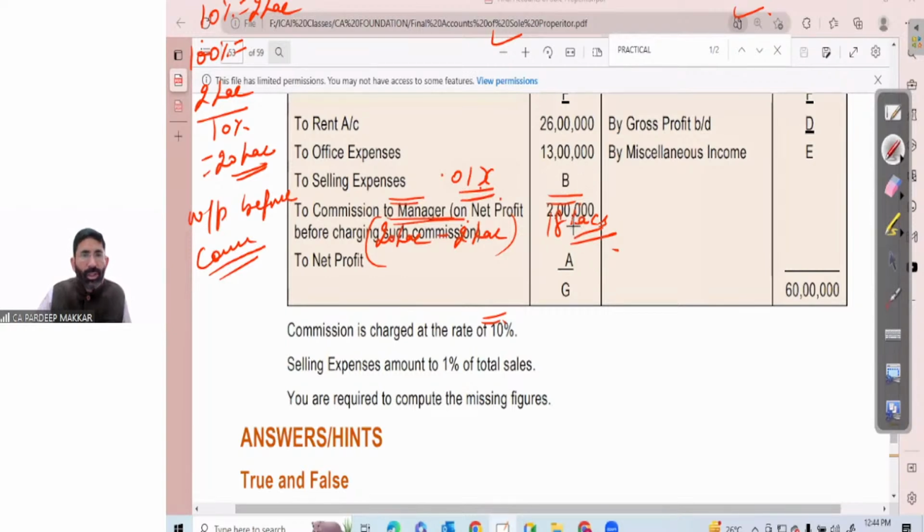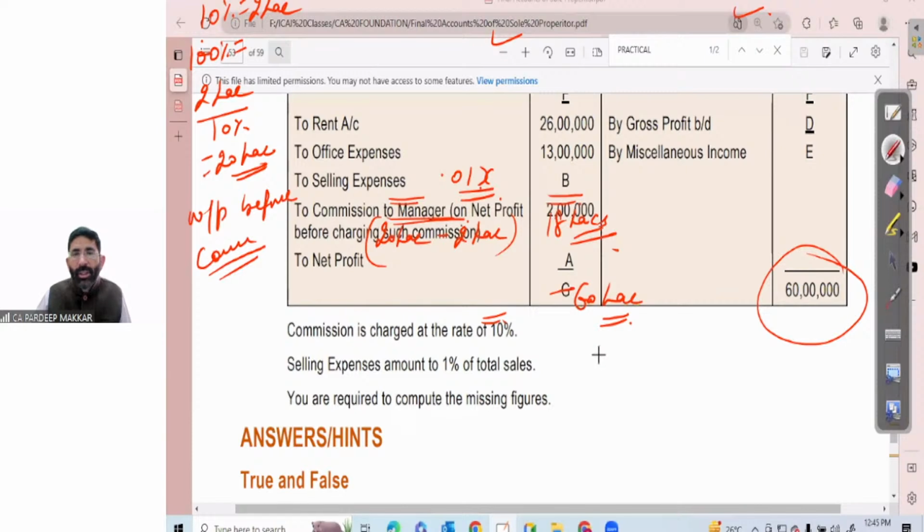So you may make an equation here and solve it. Very simple to do. There's no worry about it. The total is 60 lakh, which is given to you. So we will put here 60 lakhs. If we put here 60 lakh, then what will be the solution?